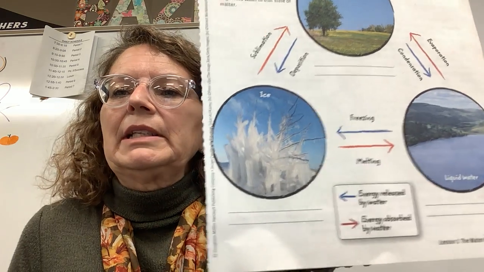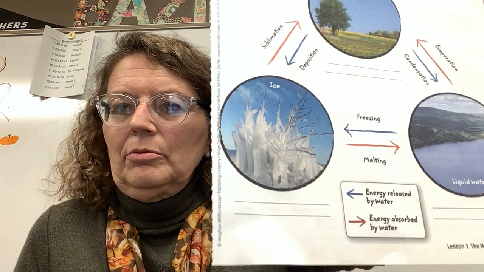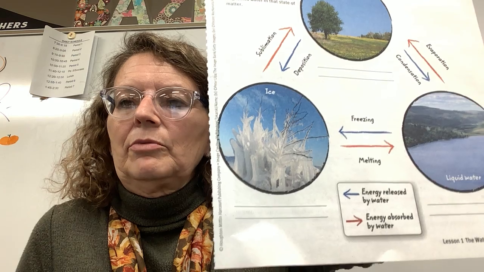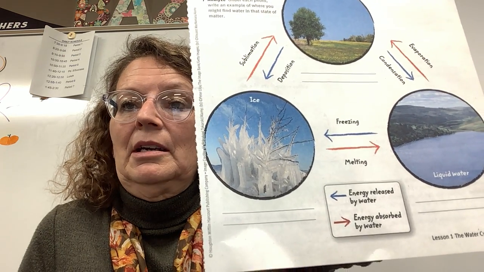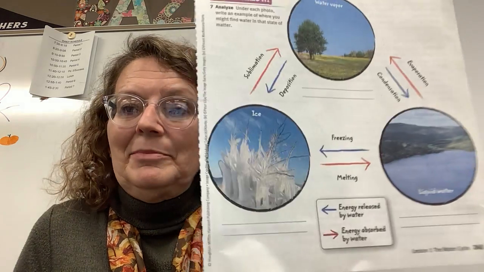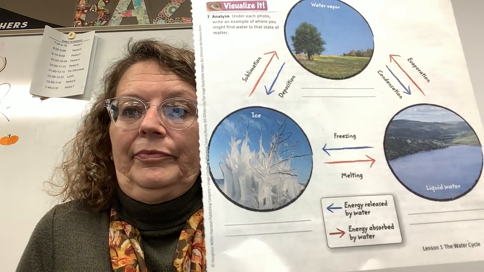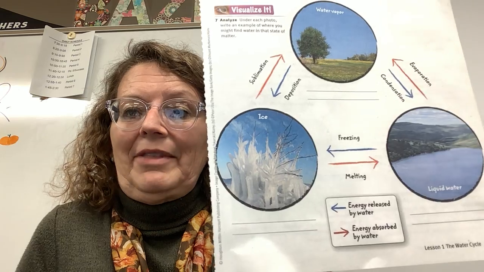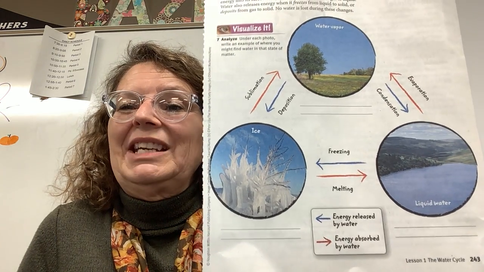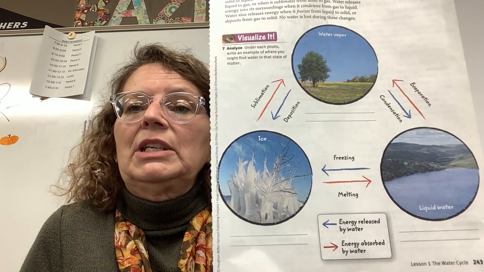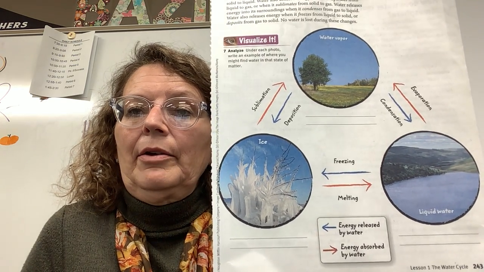Released is going to be exo. So things are going to get colder because energy just left them. So the actual item gets colder because energy left them. And then endo, taking energy in. You're taking energy in. So those are going to be your red arrows.